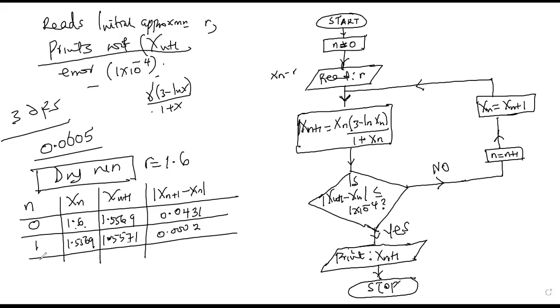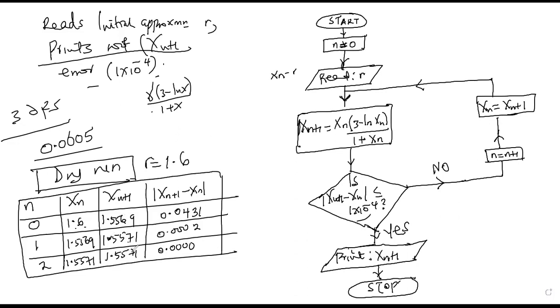We go to the next iteration because we want the error to be less than this, meaning the error should be 0 for this case. So when we go to the next iteration, this one will act as our xn. When this one acts as our xn, we shall have 1.5571. And when you substitute in the xn plus 1 formula, you're going to come up with the very value 1.5571. And when you take the difference, 0.000, and in this case, what you've gotten as the value of xn plus 1 is our root.